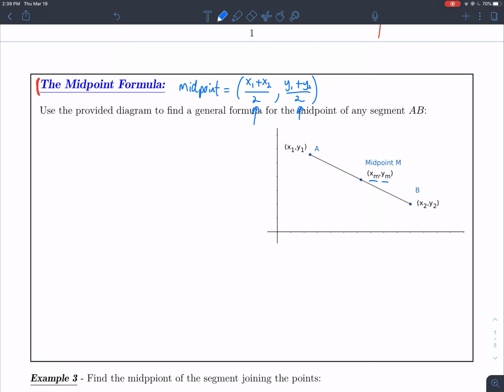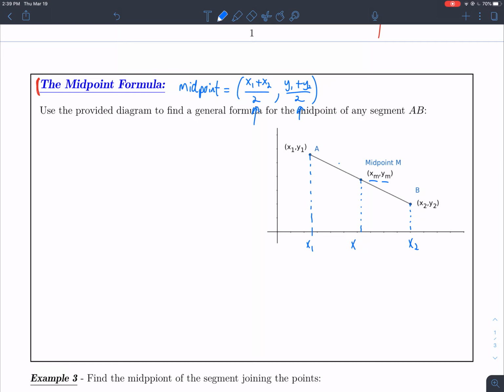Now I don't know that this is the midpoint of the segment, but I'm going to say, if this is my one distance, all the way down here, and this coordinate is x1, and this coordinate down here is x2, let this point here be the middle of those two points. So let it be halfway between them.